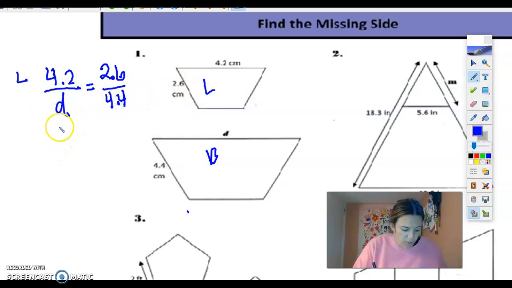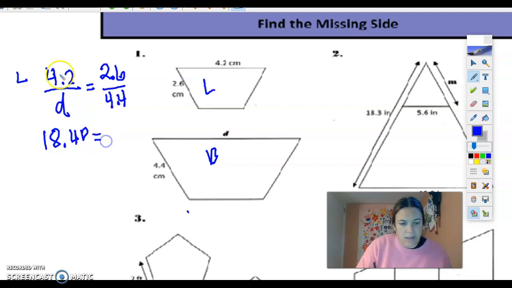Cross multiply. So 4.2 times 4.4 is 18.48. And then 2.6 times D. All right, and then how do I solve this equation? I divide both sides by 2.6.